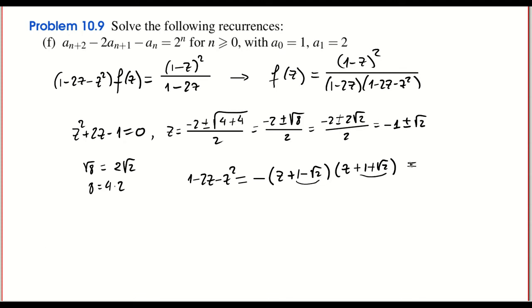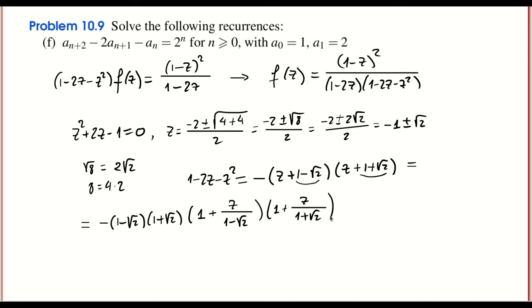If we do that, we take this as minus 1 minus square root 2 times 1 plus the square root 2. We get this factor and this factor. And then we have here 1 plus z over 1 minus the square root 2, and here 1 plus z over 1 plus the square root 2. So these are the two factors that we have.